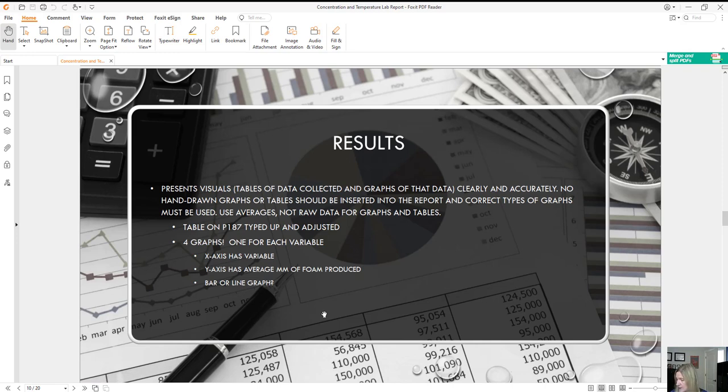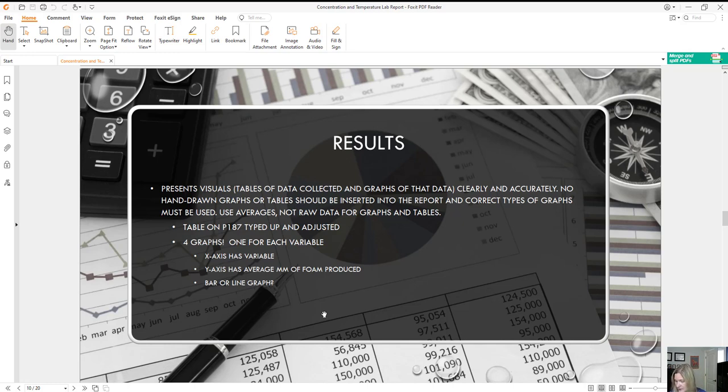With the visuals, we actually have a table that you're going to type up and convert into a pretty picture. So you'll basically just use the table from page 187, but modified. Okay, so fill out that table. You'll notice that you have to modify it because we didn't set things up exactly the same as in an in-person class.